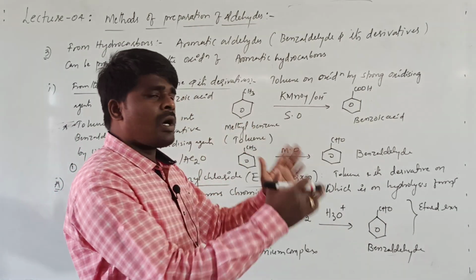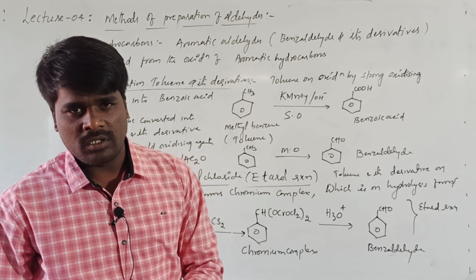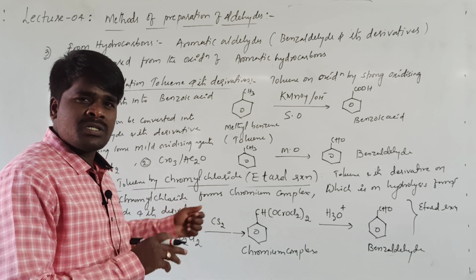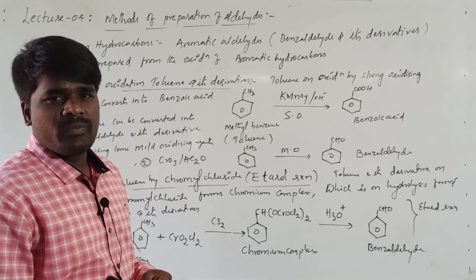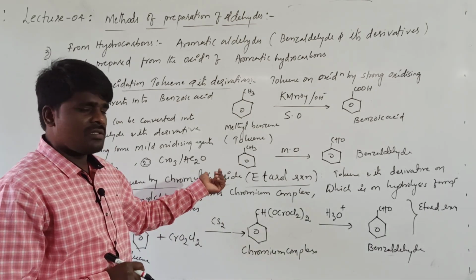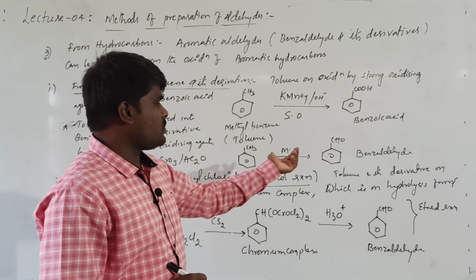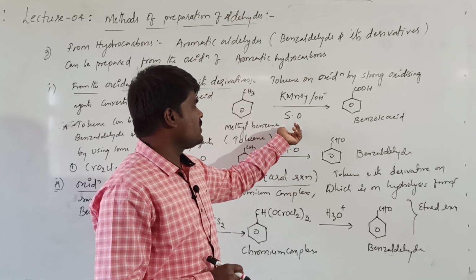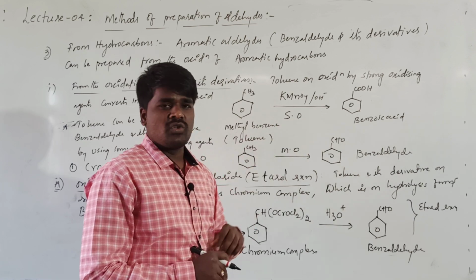Conversion of something into carboxylic acid is called ultimate oxidation. If you stop the oxidation at the aldehydic or ketonic stage, that is called intermediate oxidation. Mild oxidizing agents will stop the oxidation at the aldehydic state, while strong oxidizing agents will convert toluene to benzoic acid.